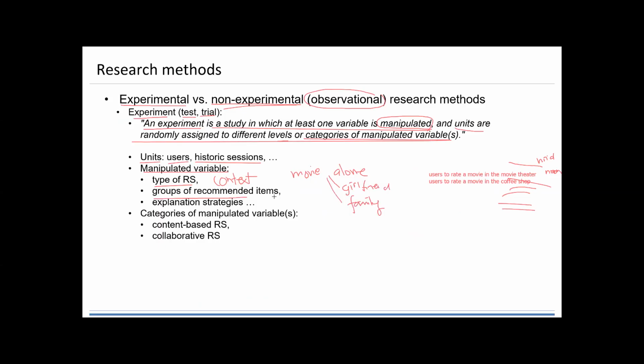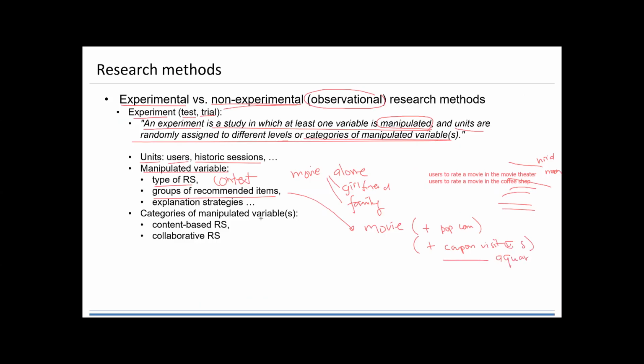So groups of recommended items, this is also different. If you watch a movie and then you have the movie plus the popcorn, okay, and let's say after you watch the movie, you will get a coupon to visit maybe a coffee shop, okay, or maybe you can have a coupon to visit another place, let's say an aquarium, okay, and so on.